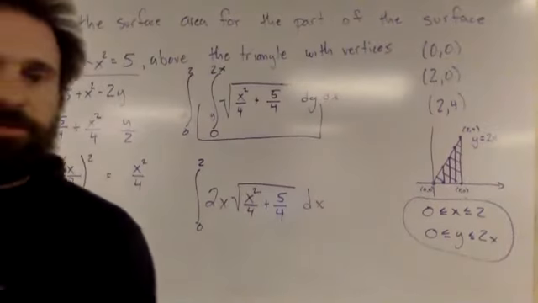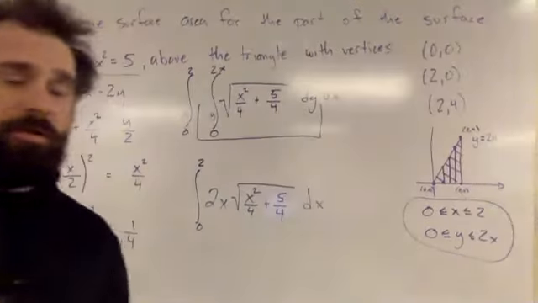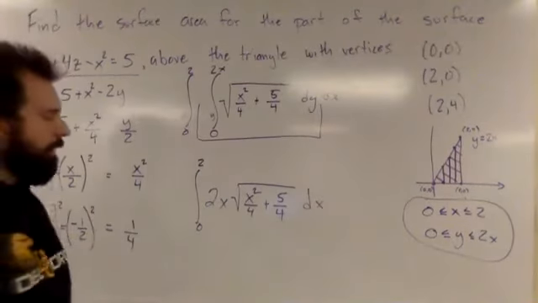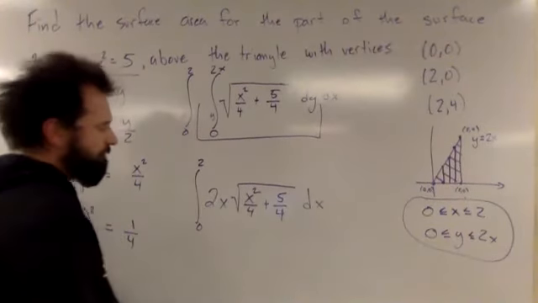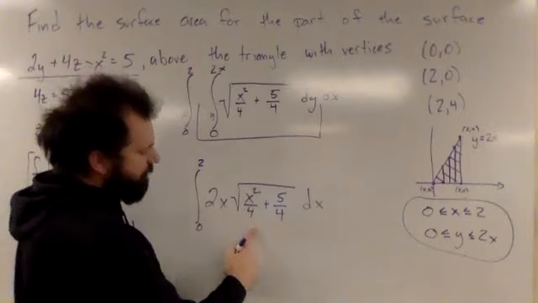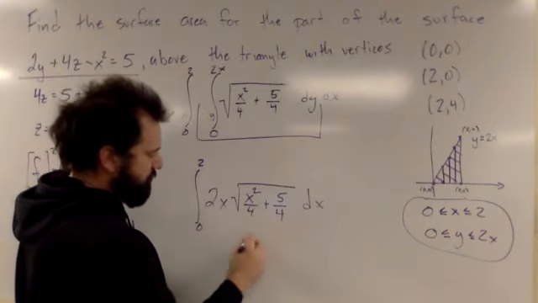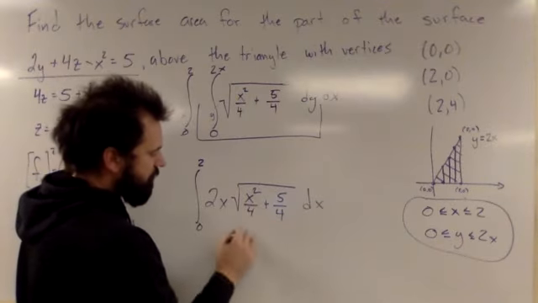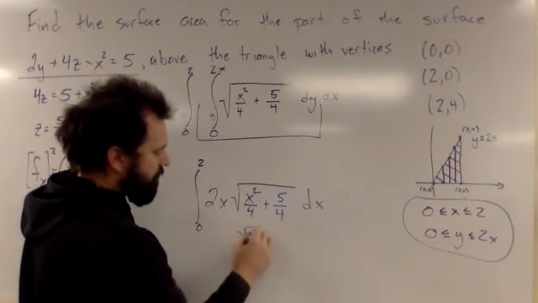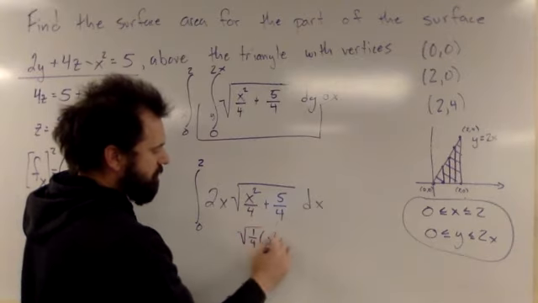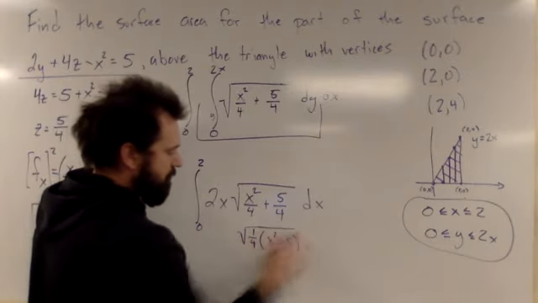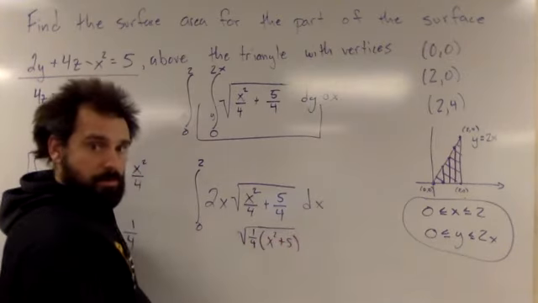The next thing I want to do is, so now I just have a single integral. This feels a lot like Calc 1 now. I want to try to simplify this a little bit. Both of these have a 4 in the denominator, so this is really going to be the square root of 1/4 times x squared plus 5. Follow?